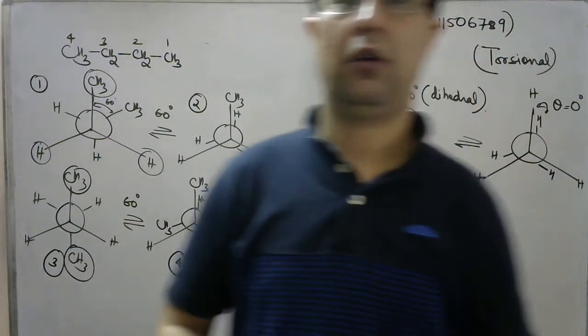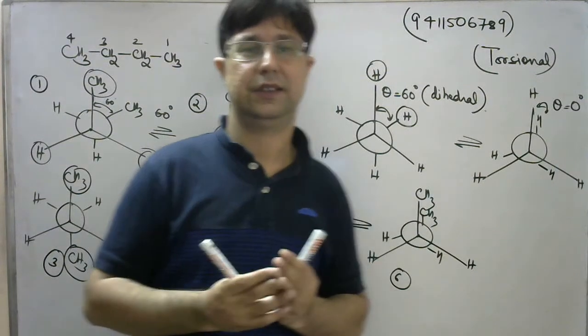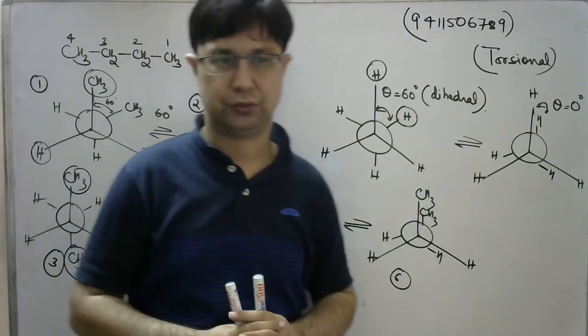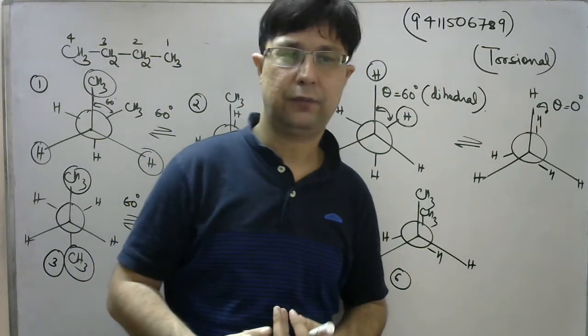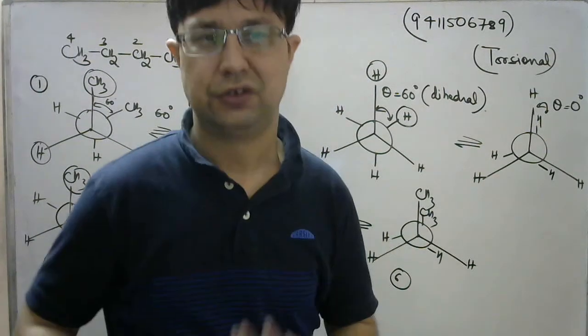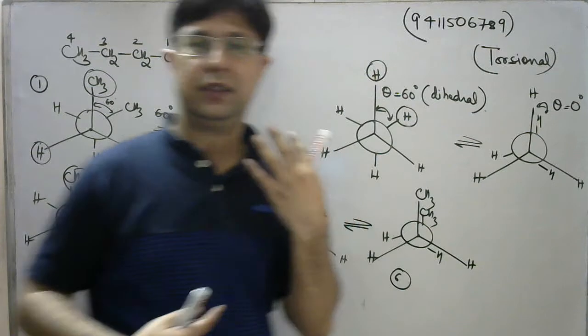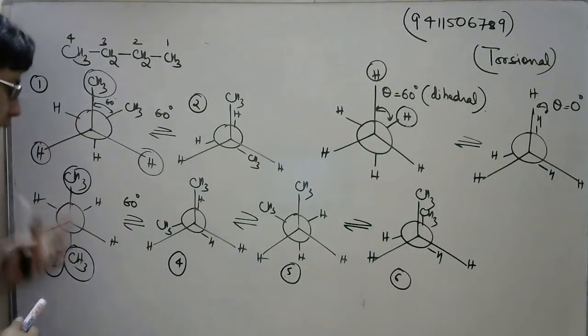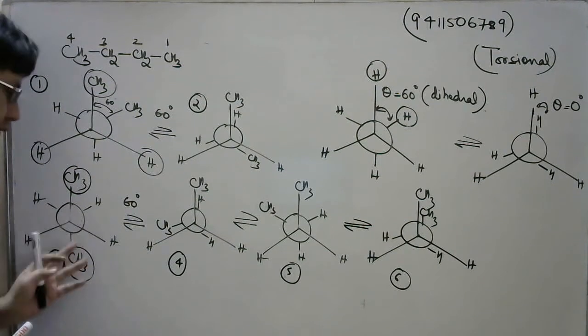Means they will also minimize the steric strain that is created because of the bulkier groups present close to each other. So being the staggered form, it has minimized the torsional strain, and the two methyl groups present in the anti position will make this staggered form most stable.